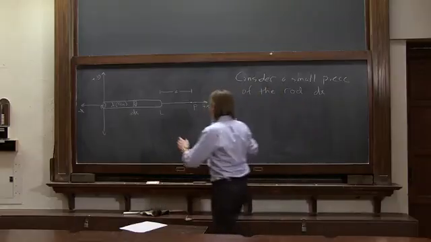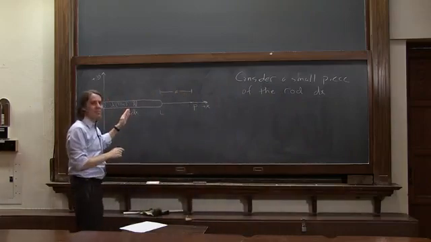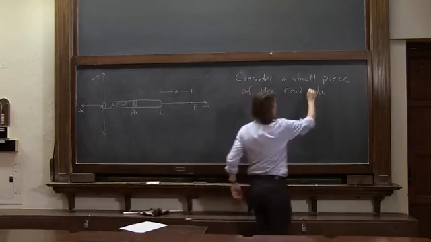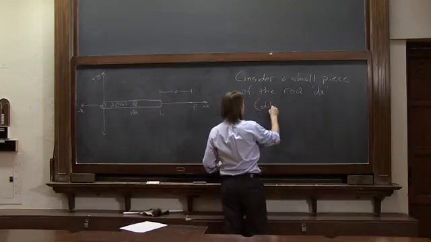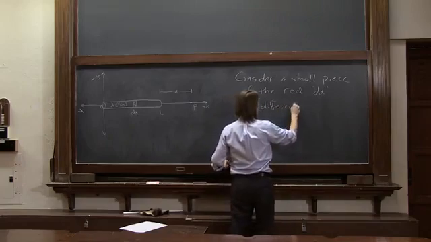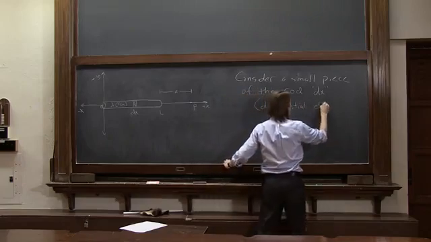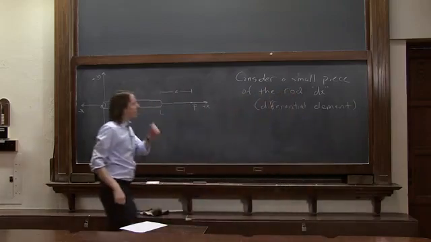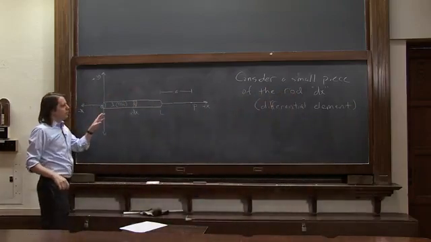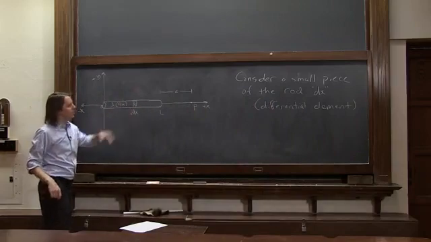And then that small piece of rod will be at a specific place. And we could actually apply Coulomb's law. This dx is called a differential element. Okay. So this is our way to deal with a continuous system as we break it up into a little small piece.